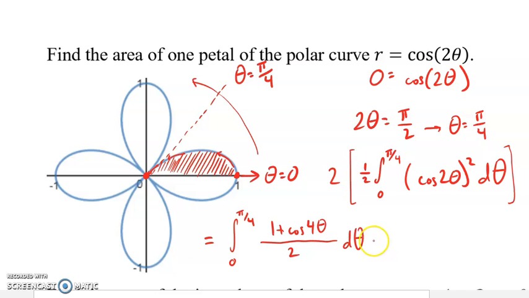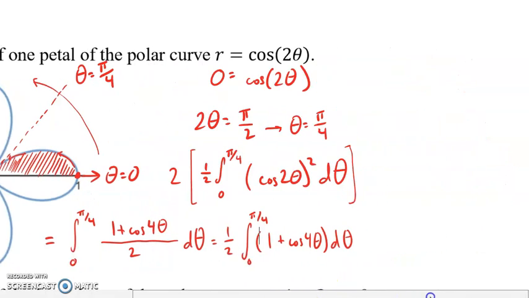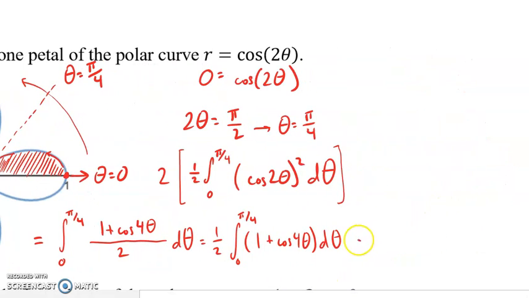All right, so then we just work it out. We take that 1/2 and pull it out front. We've got 1 and cosine of 4 theta d theta, still going from 0 to pi over 4. I guess I'll use my right margin. So that's going to make it ready to integrate, unless you want to do some u substitution.